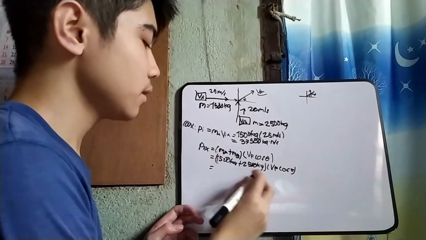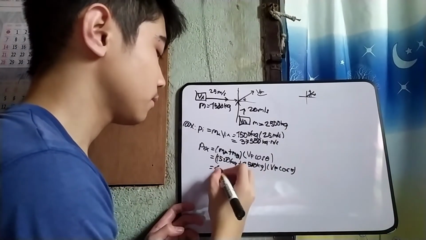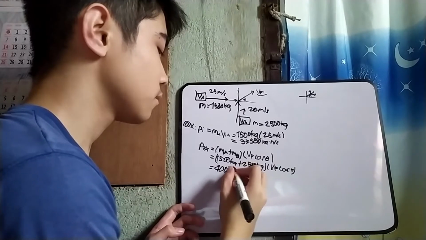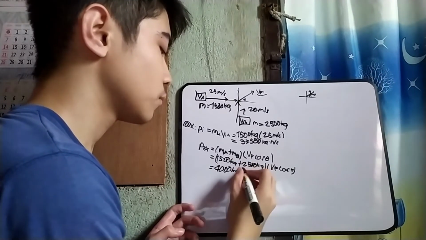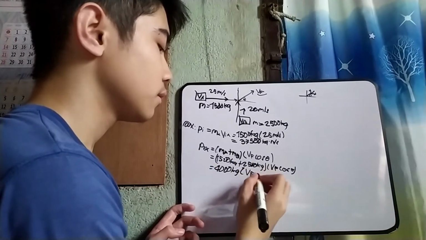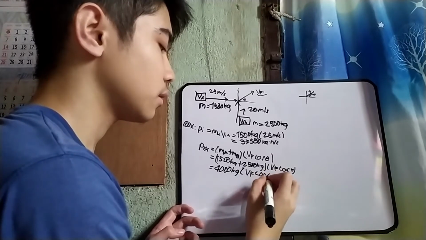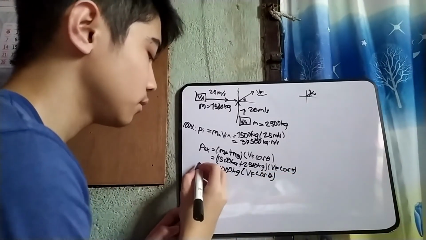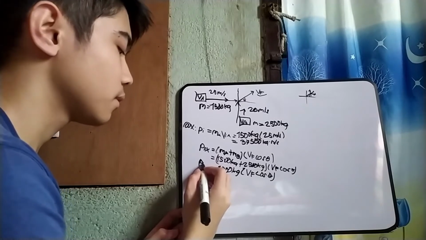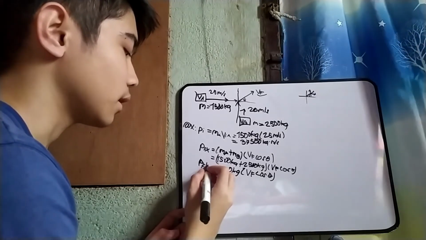So, 1,500 plus 2,500 is 4,000 kilograms, multiplied by V final cos theta. So, this is our formula for the final momentum at x.